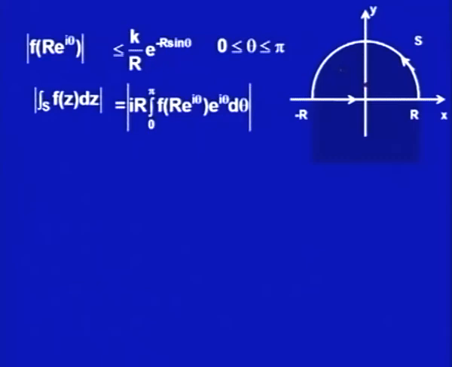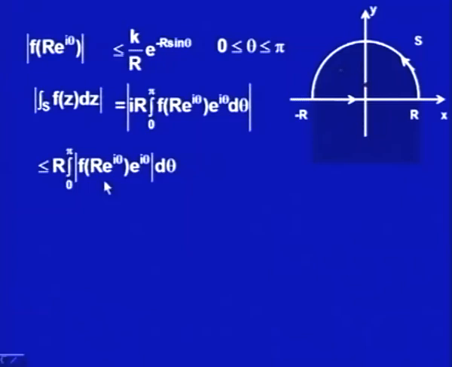If I use this result, this would be less than or equal to r times the integral from 0 to pi of the absolute value of f of r e to the power i theta into e to the power i theta d theta. Again, we could treat this as two functions. The absolute value of e to the power i theta I will treat as 1, and the absolute value of f of r e to the power i theta we have just found to be bounded by k upon r e to the power minus r sin theta.